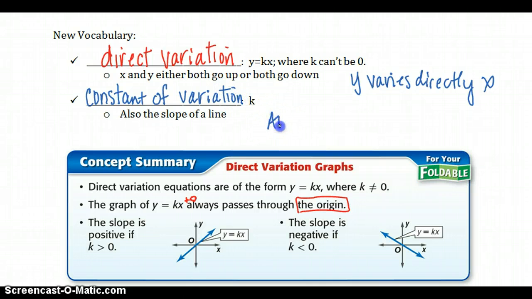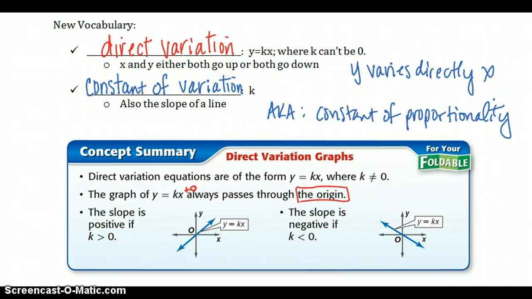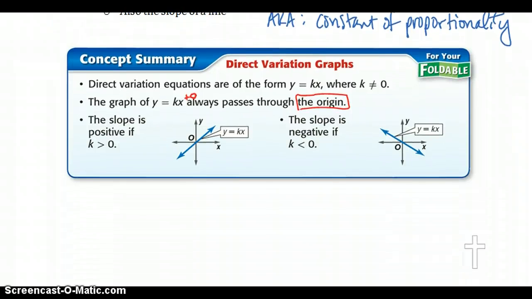It's also known as the constant of proportionality. So the slope of the line is its constant of variation, how it's going to change, how y varies directly to x. All right, so here is a summary.